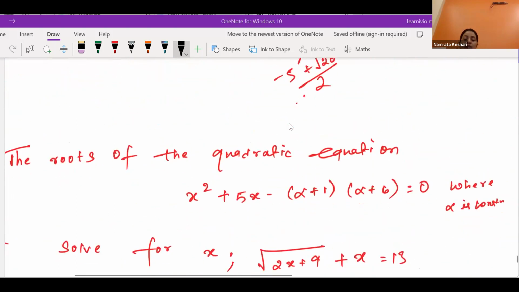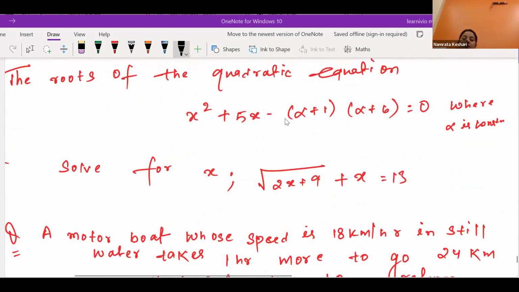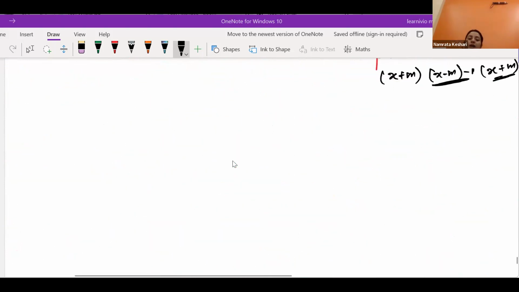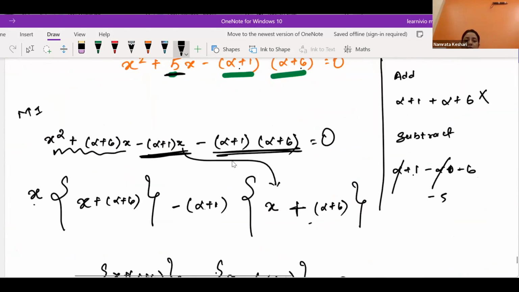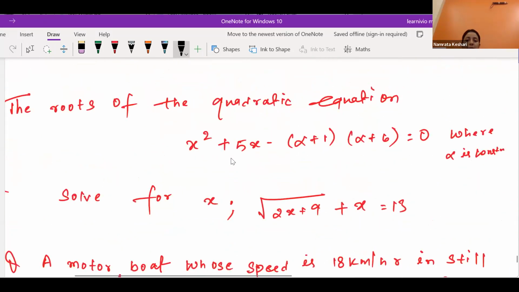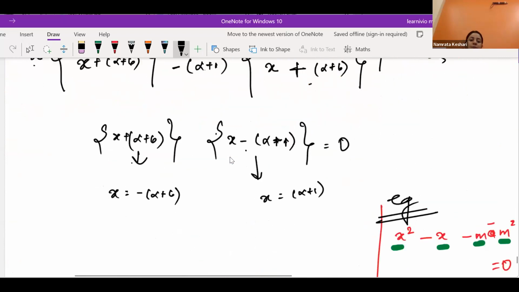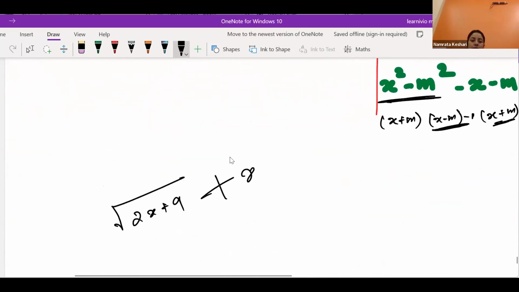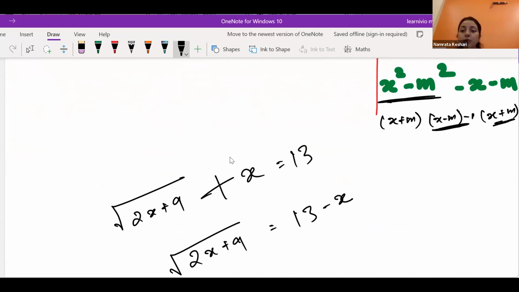Yes. Now the next one: root of 2x plus 9, plus x, is equal to 13. Let's solve it. Root 2x plus 9 is equal to 13 minus x, we can write. And now we will be squaring both sides.